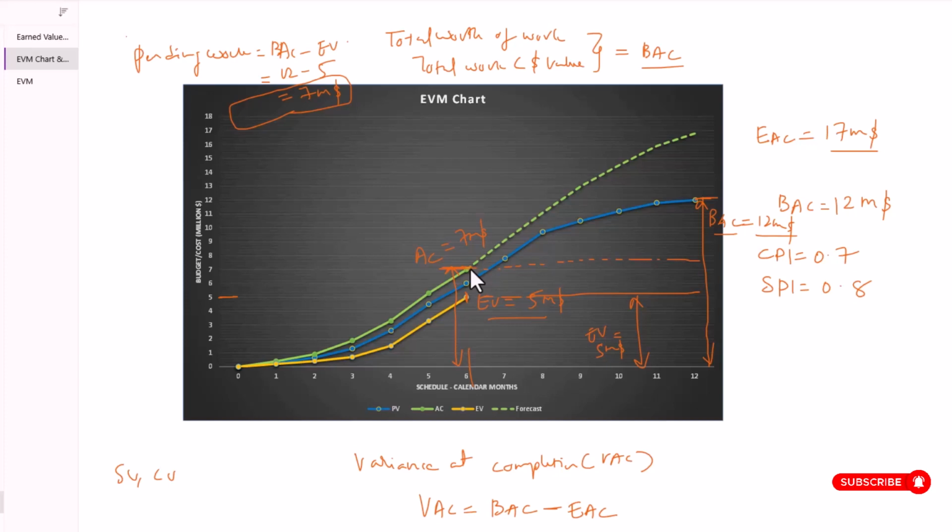So the remaining fund can be calculated based on the total budget, and I'm going to subtract the actual money spent. In this case, it's $12 million minus the AC value of 7 million, and I'm going to get the value 5 million here, right?